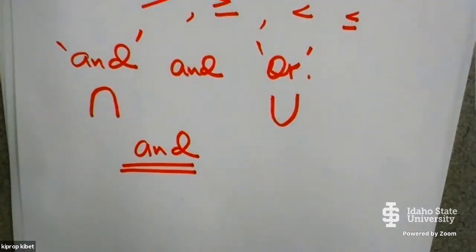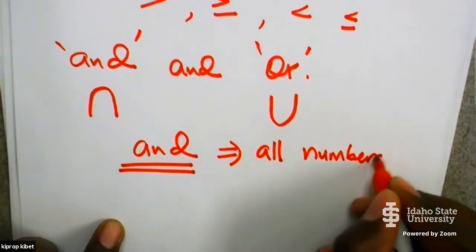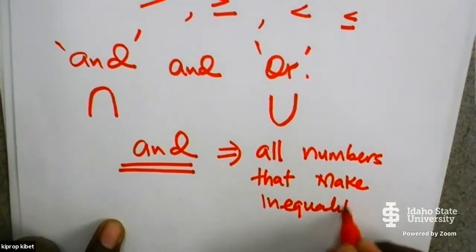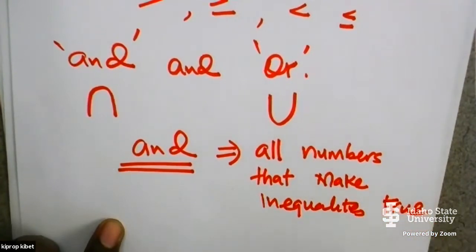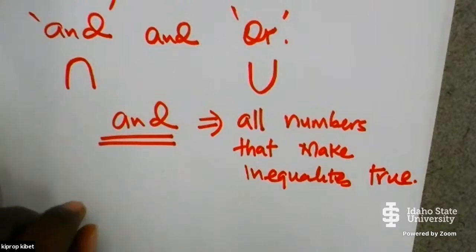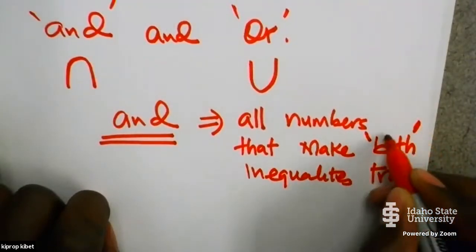To solve compound inequalities with the word "and", we look for all numbers that make both inequalities true.